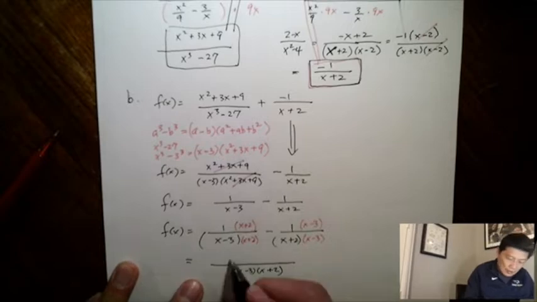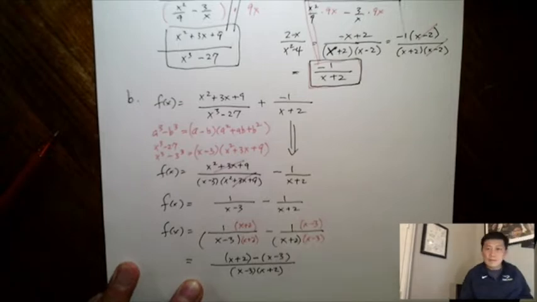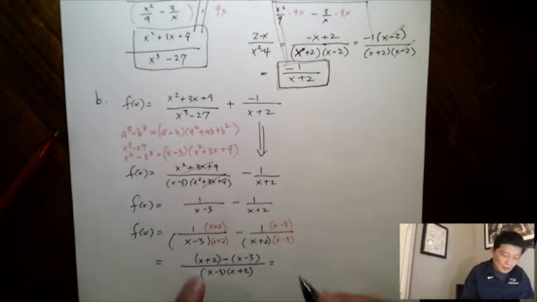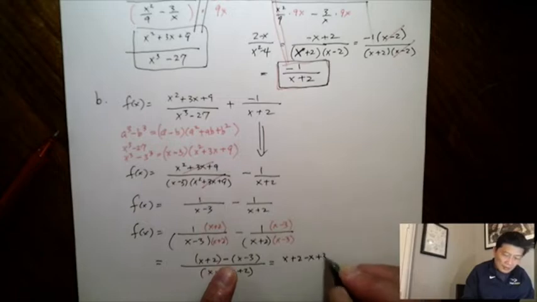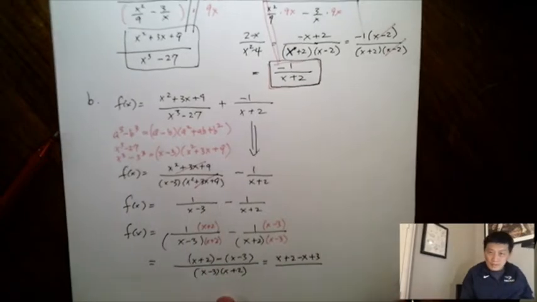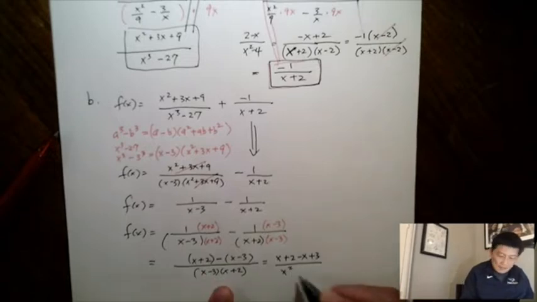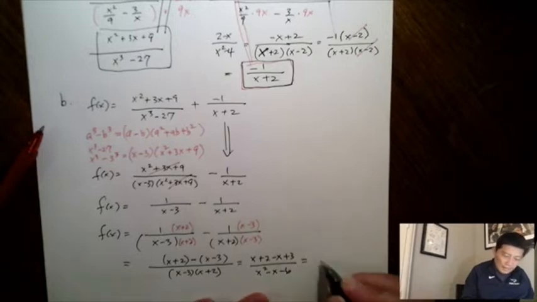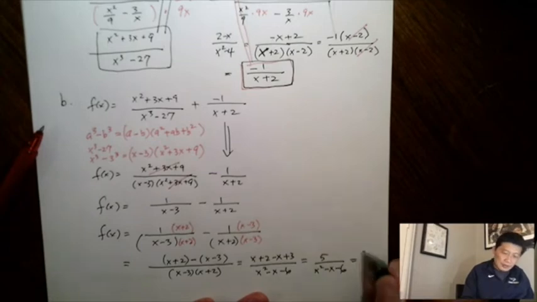On the top, x plus 2 minus x minus 3. Then all I need is to simplify this. I end up with x plus 2 minus x plus 3 on the top. I can multiply the bottom out, x squared minus x minus 6, and finally it becomes 5 over x squared minus x minus 6. This is my f of x.